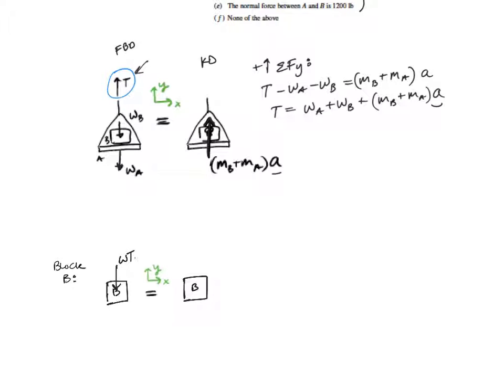We've got the weight of the boulder. We've got the platform force that was pushing on the boulder. That's the normal force that we're asked about in the question. And now over here on the KD side, I've got the mass of the boulder times that acceleration, because it's sitting on the platform and the platform is accelerating.